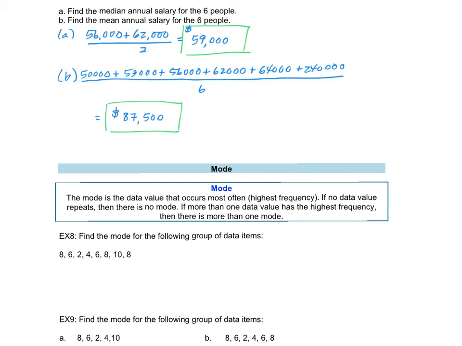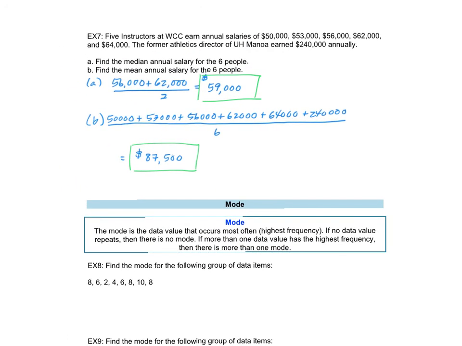Okay, so notice that these two values are very different because we're using different measurements. Now, if I had an advertisement and I said that, oh, we're hiring a position at Windward and the typical salary is 87,500 per year, I would not be lying.